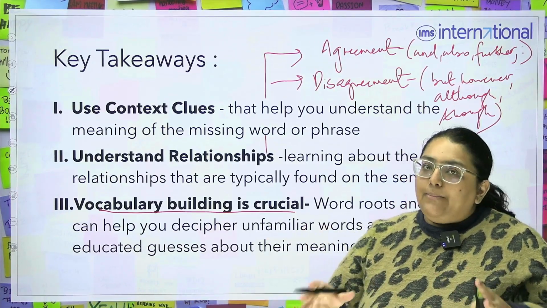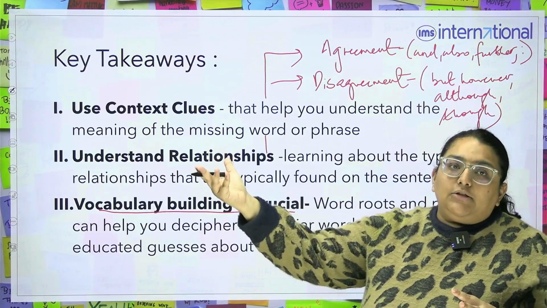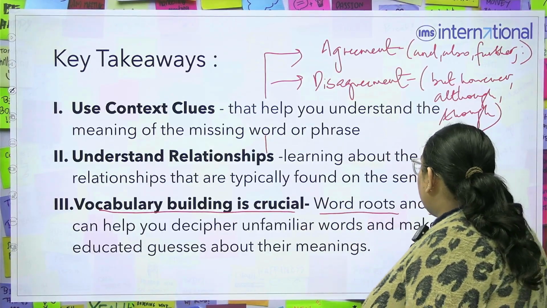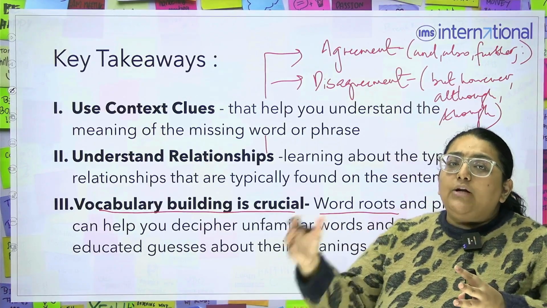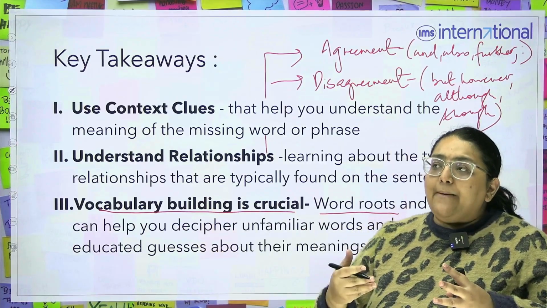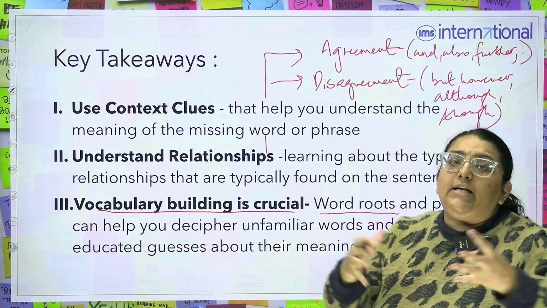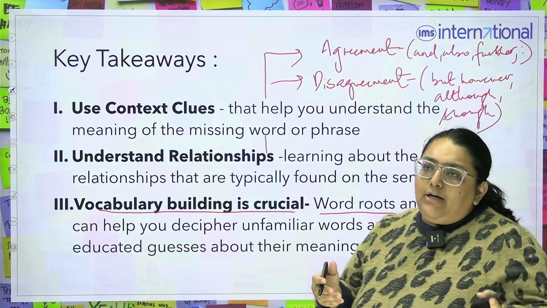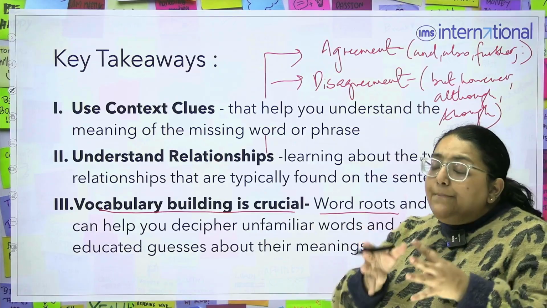Also, you can try to remember the meanings of difficult words by connecting them to other words. By identifying root words or sometimes prefixes and suffixes in the word, that will help you link it to other words. For example, we just did a word in the first question, punctilious. Now we can connect punctilious to punctual. Punctual is a positive habit. Punctuality is something which is a positive word.